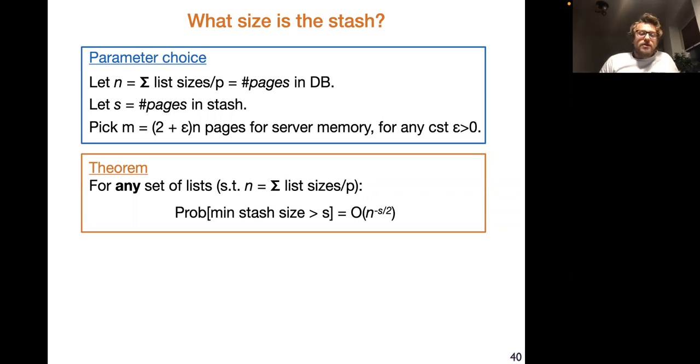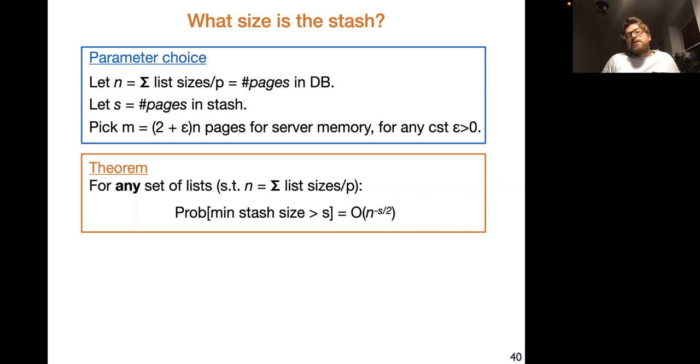What you can show, for the parameters n and s, is the following. n is the number of pages in the database, so essentially the total number of all identifiers divided by p, and s is the number of pages in the stash.